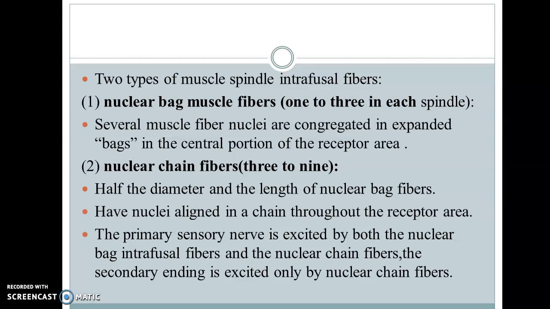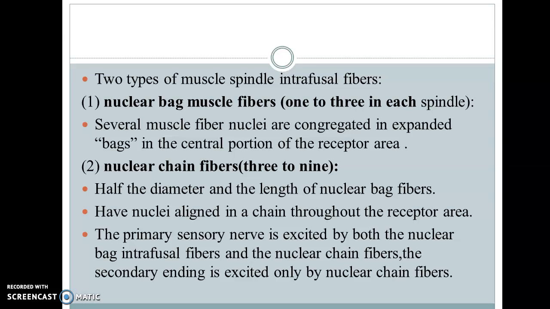Now the second part is nuclear chain fibers. As the name suggests, they are very short, half in diameter, and aligned as a chain throughout the receptor area. Now the primary sensory nerve is excited by both the nuclear bag fibers and nuclear chain fibers, whereas the nuclear chain fiber is excited only by the secondary.